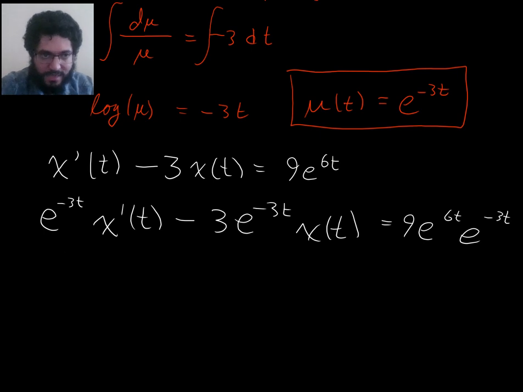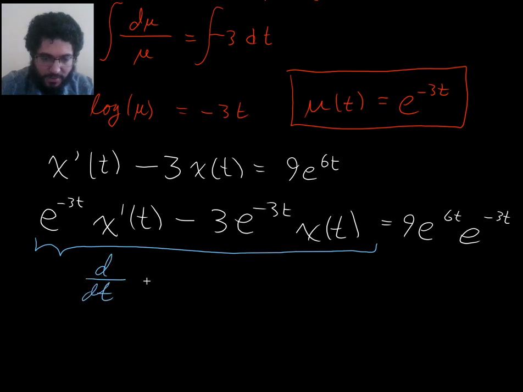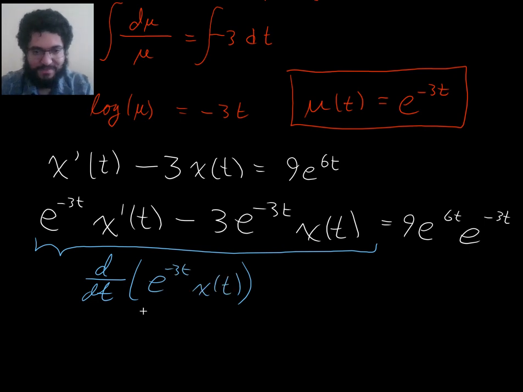The left-hand side is now a product rule. It's the derivative of e to the minus 3t times x of t. It's the derivative with respect to t of this. And if you don't believe it, pause the video and check it. But of course it should work because that's how mu was chosen. It's really quite magical that this works when you haven't seen how mu was chosen.